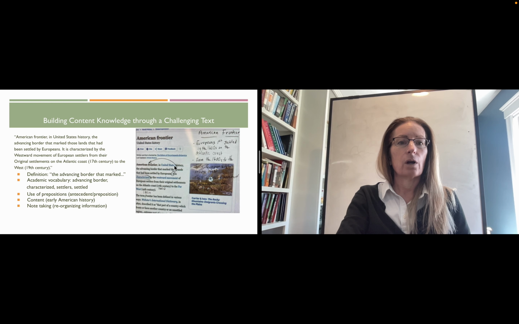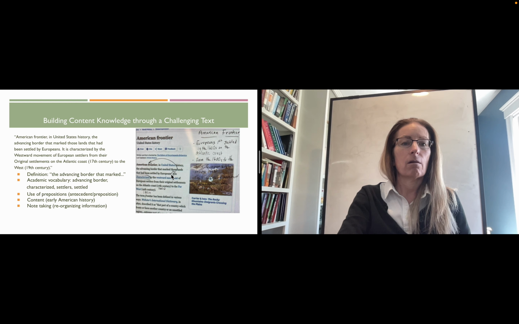This is a picture of my board when I was doing this activity. And I just want to describe what you see here. On the right-hand side, I took the information from the article and just rearranged it in order so it would make more sense to the students. So this went along with their note-taking skills.